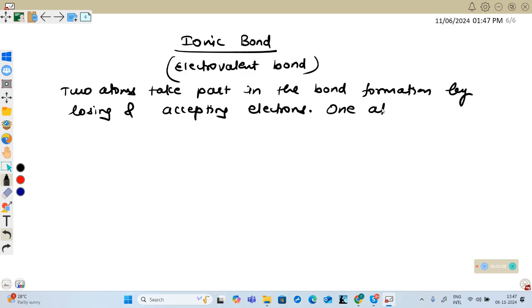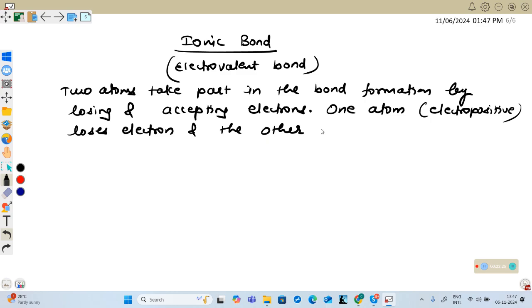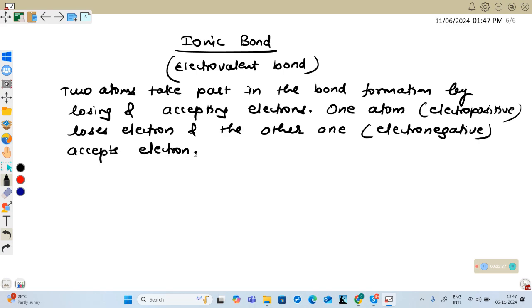One atom which is electropositive, the one which loses electron, is called electropositive. One atom, electropositive, loses electron, and the other one which is electronegative accepts electron.